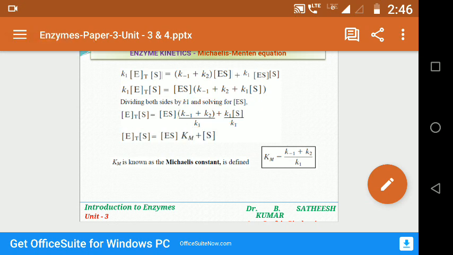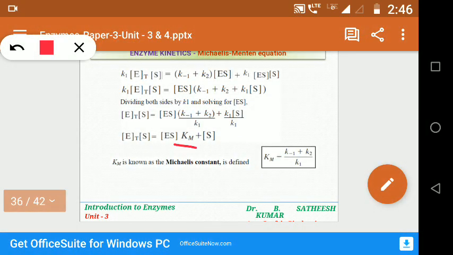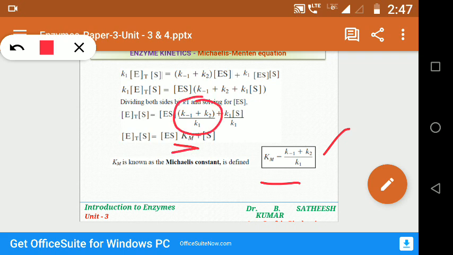Because these three are constants, we can use a single constant for these three. That constant is the Km here. Km means K minus 1 plus K2 by K1. So instead of writing these three, we are writing only Km. Km is known as the Michaelis-Menten constant.